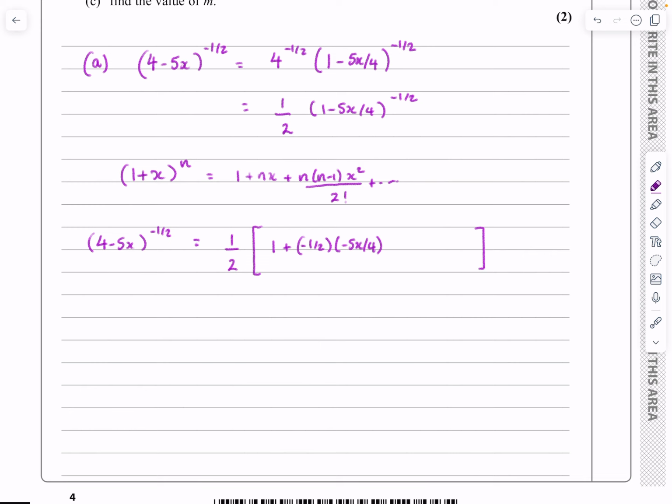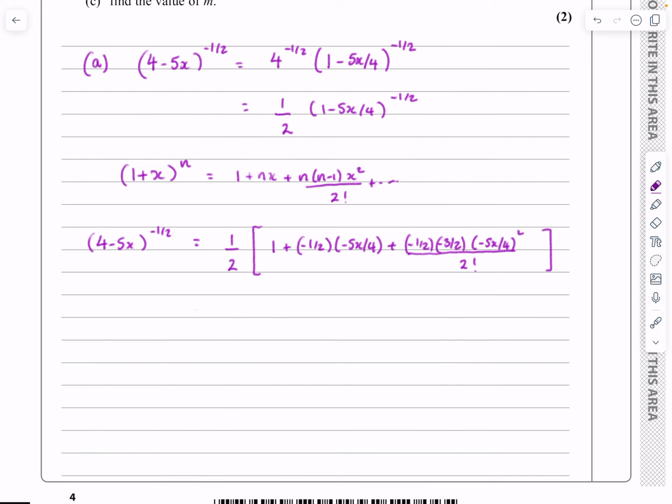So 1 plus nx looks like that. Plus n minus 1, which is going to be minus a half, and taking 1 away from minus a half, you shouldn't have any problem doing something like that. So n minus 1, x squared is minus 5x over 4 all squared, all over 2 factorial.